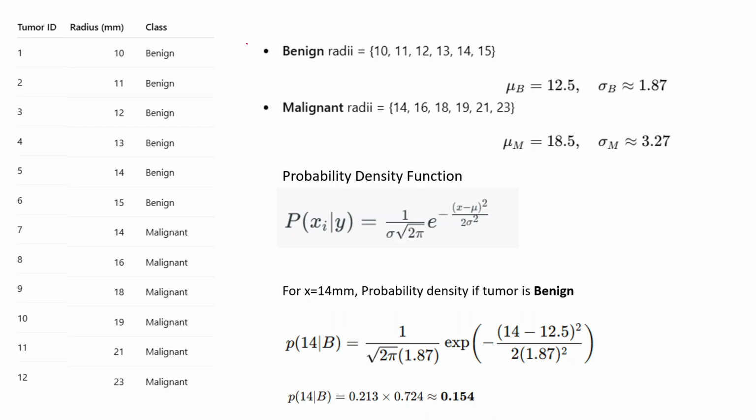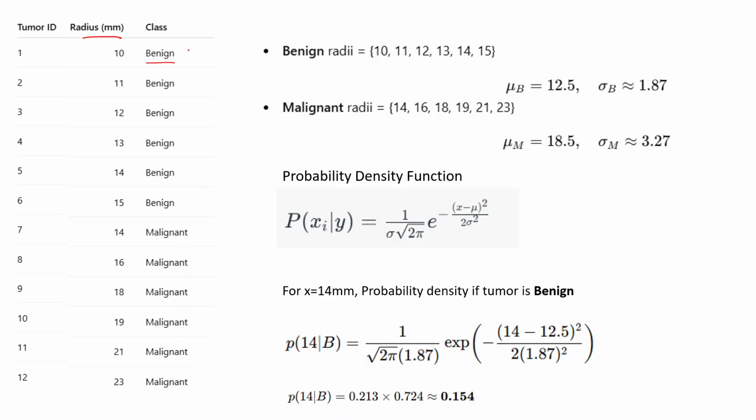Now, to understand further the Bayesian theorem and then the Bayesian error and the Bayesian risk, we will take one example where, based on the tumor radius, it is being decided whether the class is benign or malignant.